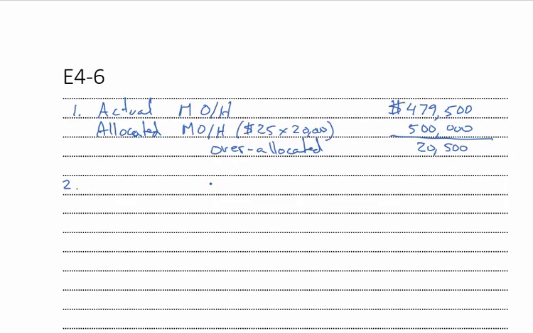So, without further ado, we have Chang Company. Schedule of cost of goods manufactured for the year ended, whatever, or month or what have you. We don't have that detail.